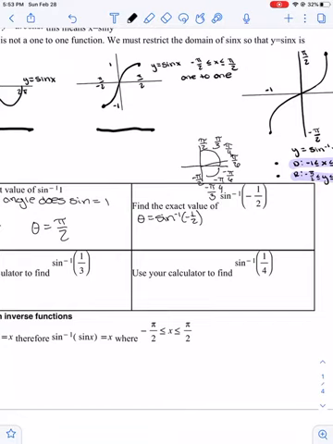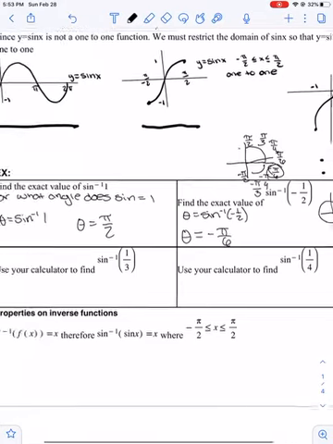But 11 pi over 6 goes outside of our restriction because we need only up to pi over 2 and down to negative pi over 2. But we can match it: 11 pi over 6 is the same as negative pi over 6. So theta equals negative pi over 6. Okay?